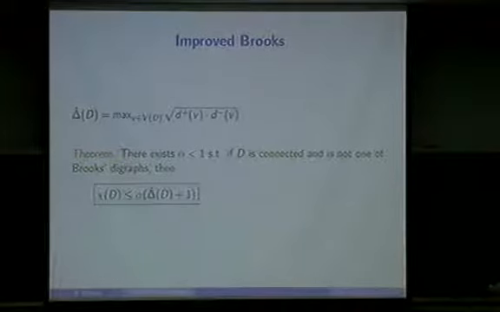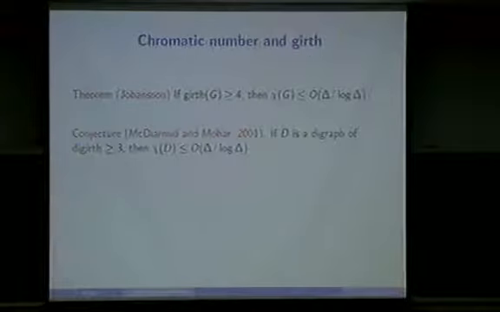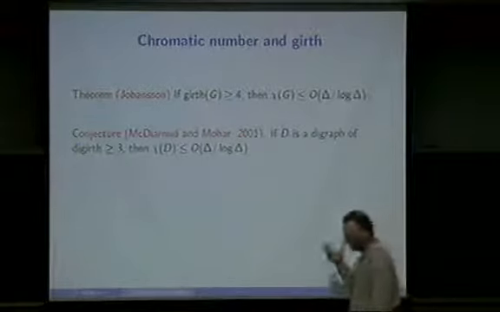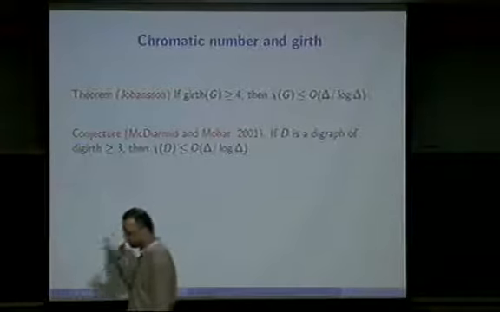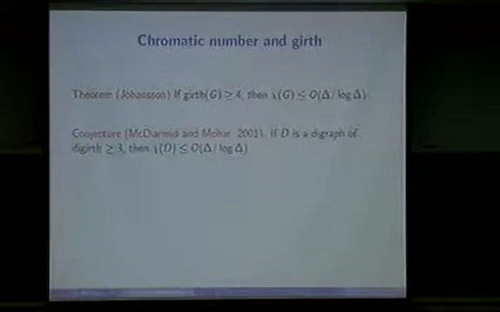Now this result was actually an outcome, or a weaker outcome, of a conjecture that we've made. Kim and Johansson proved for the usual chromatic number of undirected graphs that if you have girth at least 4, so a triangle-free graph, then there is an improved version of the Brooks theorem.